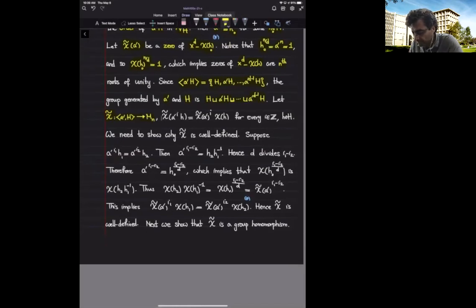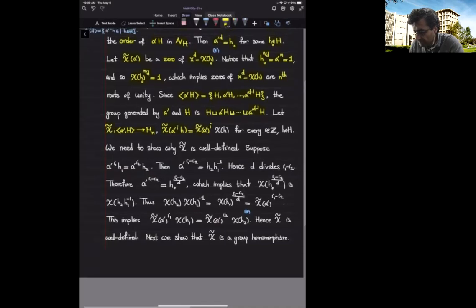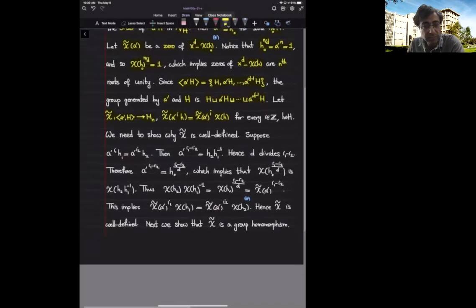I need to tell you what A prime raised to the power I times h is. I set this to be chi tilde of A prime raised to the power I, where chi tilde of A prime is a zero of this binomial, and then for the h part, we use chi. This is how we define chi tilde.